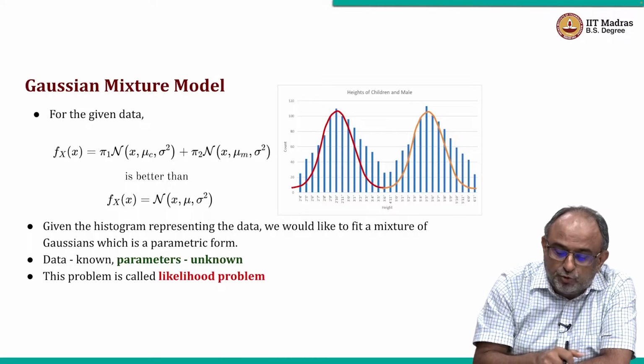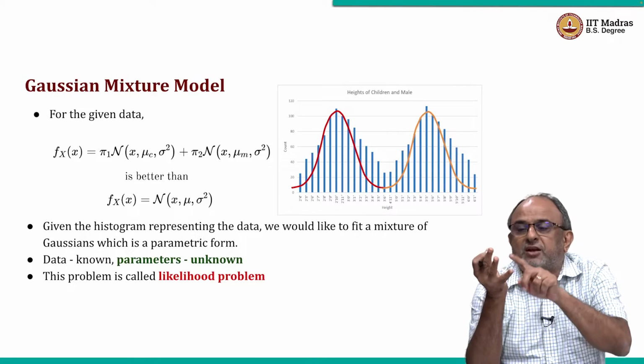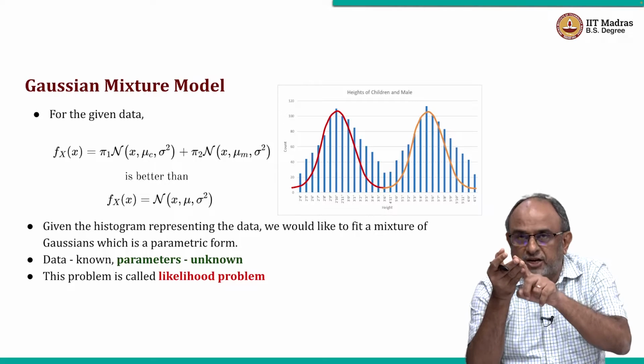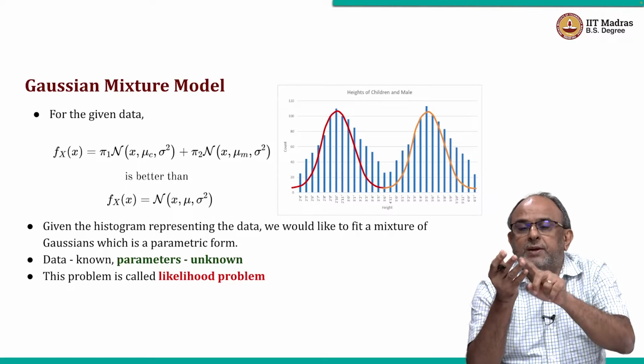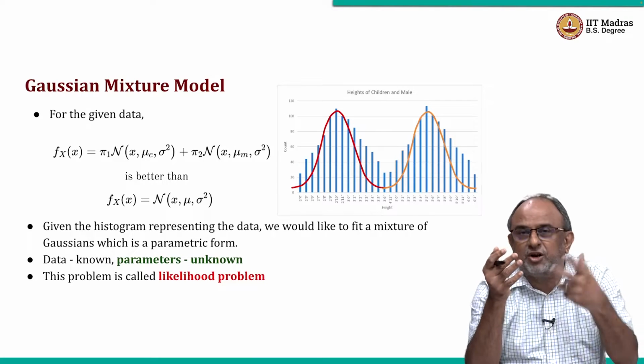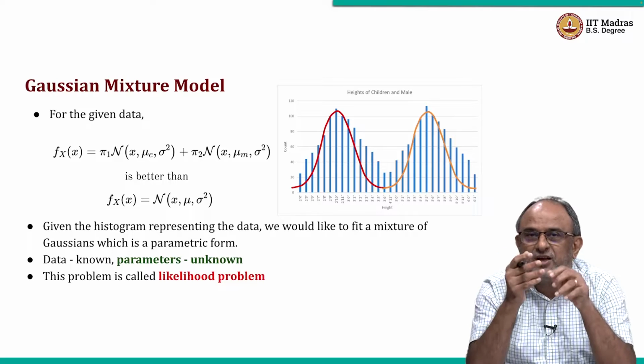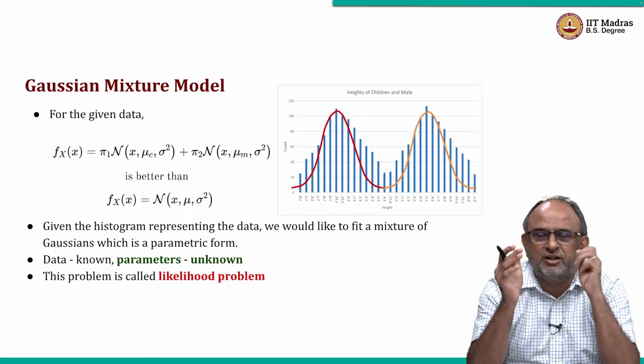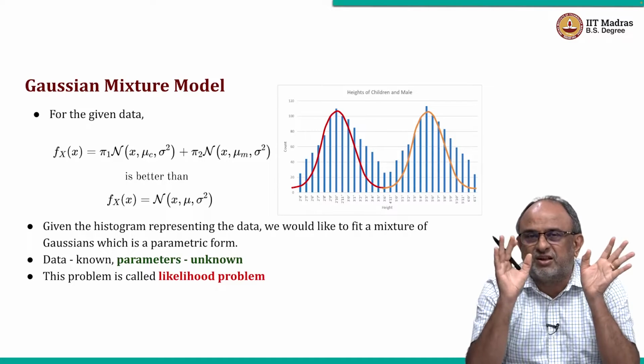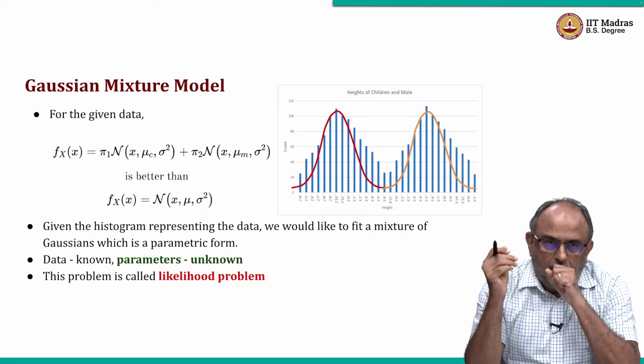So, if I have a 2 mixture, there are 3 parameters: weight, mean and standard deviation for the first, and weight, mean and standard deviation for the second. Actually, the second weight is not important because it will be 1 minus the other one. So one less quantity, but generally you can say 6 parameters I have to estimate.